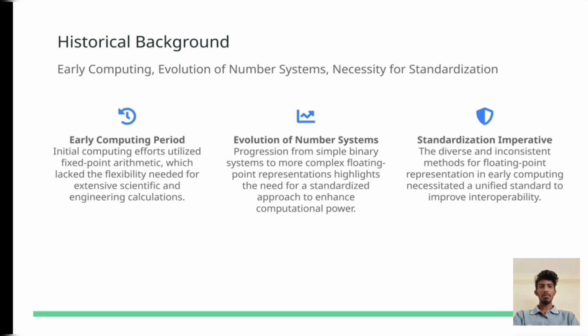Progression from simple binary system to more complex floating point representations highlights the need for a standardized approach to enhance computational power. Standardization imperative. The diverse and inconsistent methods for floating point representation in early computing necessitated a unified standard to improve interoperability.